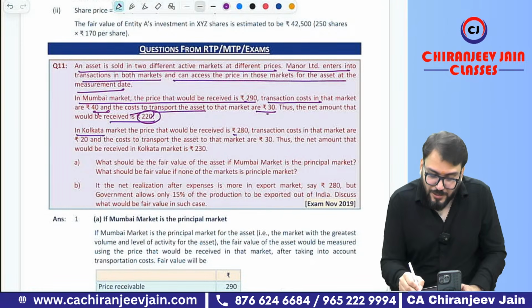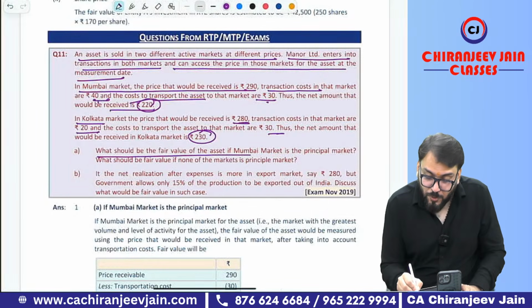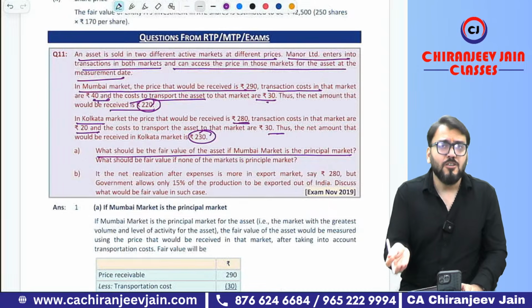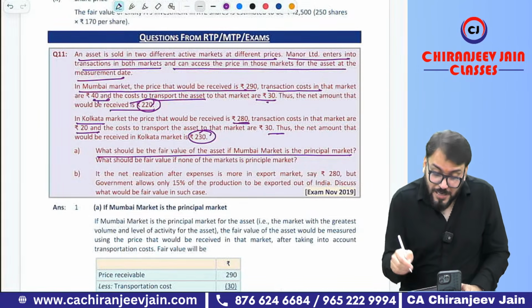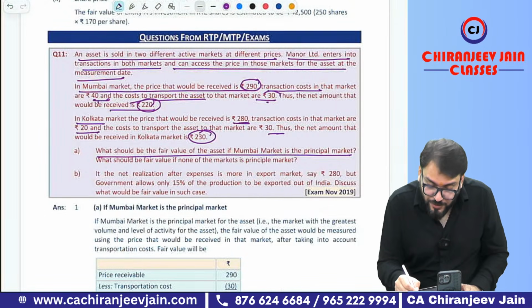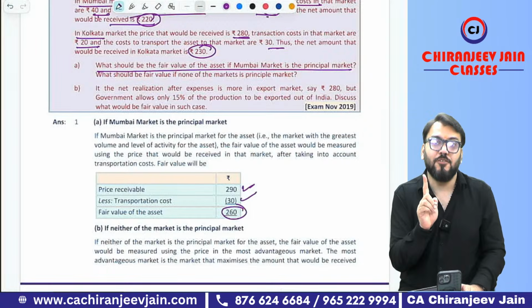In the Kolkata market, 280, 20, 30 is given. Net is 230. What will be the fair value of the asset if the Mumbai market is the principal market? Can you see the Mumbai market is the principal market? So the principal market is already known. Then your fair value is 290 minus transportation cost, that is 30. So 290 minus 30, 260 is the fair value.